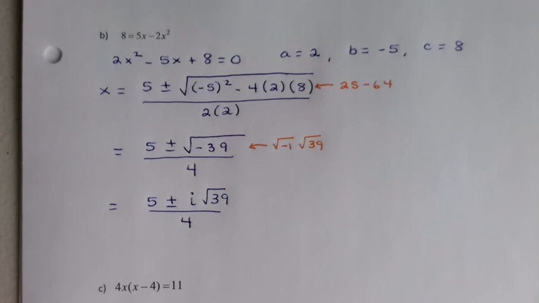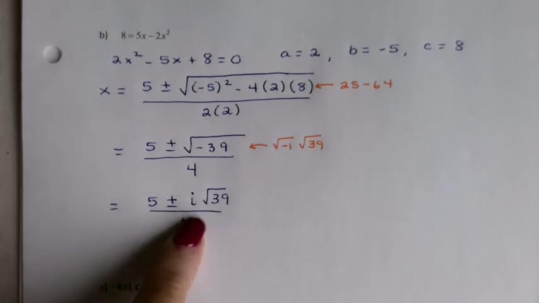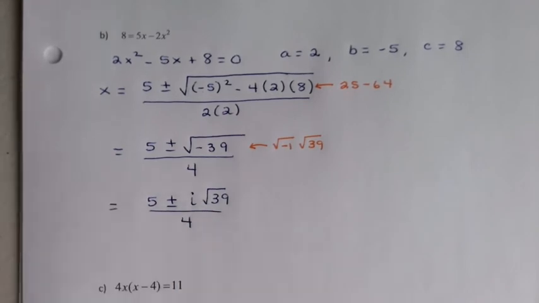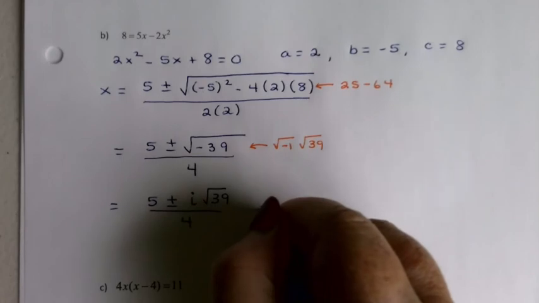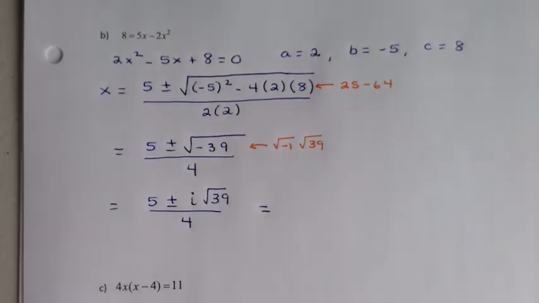All right, this time we do have to split it up. Remember last time I told you it was sort of optional? Because this is a complex number, it has a real part and an imaginary part, we always write the real part and the imaginary part separately. So I would not leave this all as one big fraction.